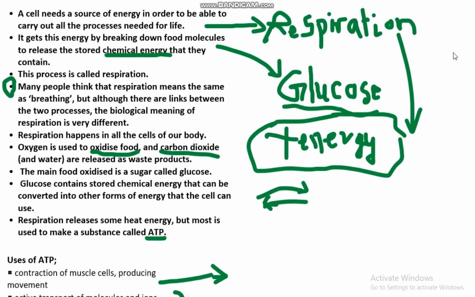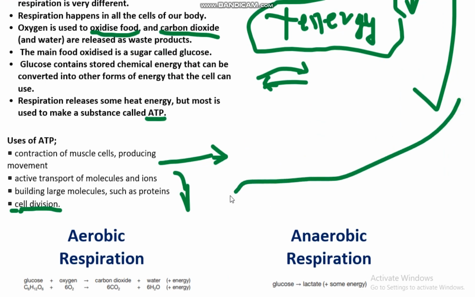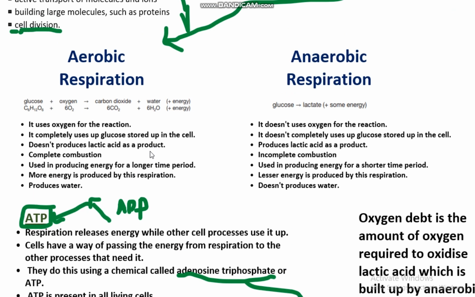The equation is also required to be memorized in chemical form and word form. Glucose plus oxygen gives you carbon dioxide and water plus energy. This energy can be heat energy, or it can be stored in the form of ATP, as I discussed.